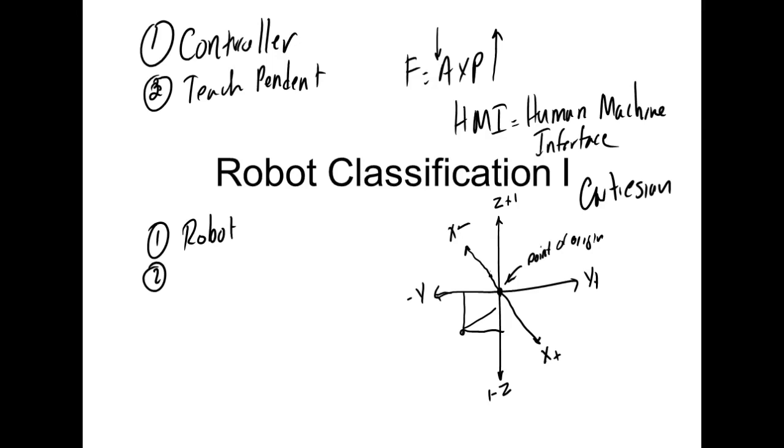Interface is to make a connection. So with the HMI, the Teach Pendant is the HMI for the robot. That is your human to machine interface. That's your connection to that robot.